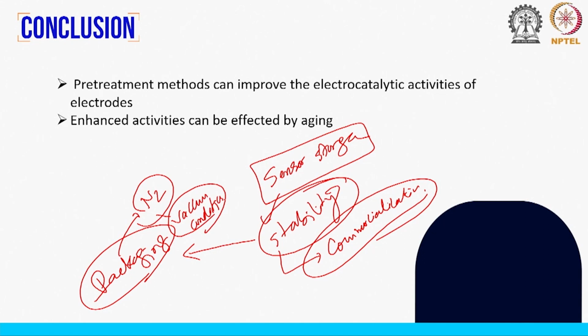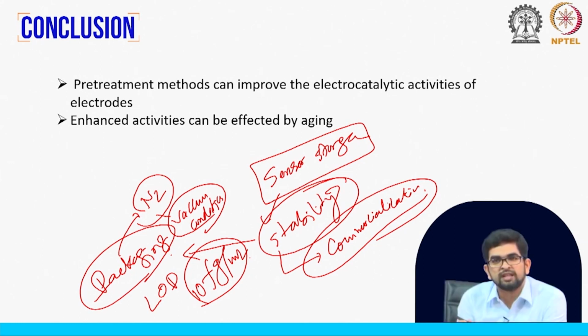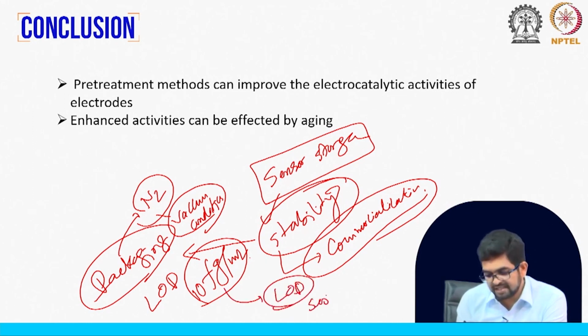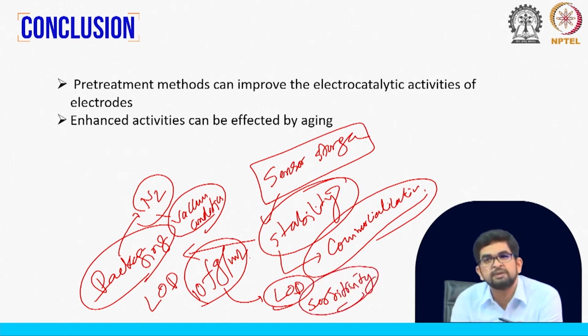And you have to check during these storage conditions whether the sensing activity holds. Maybe you got an LOD of some 10 femtogram per ml, but after long-time storage, maybe 1 month, 2 months, or even longer, are you getting a similar limit of detection or similar sensitivity or not? This is a very important factor.